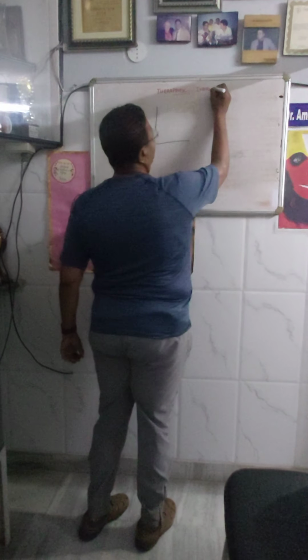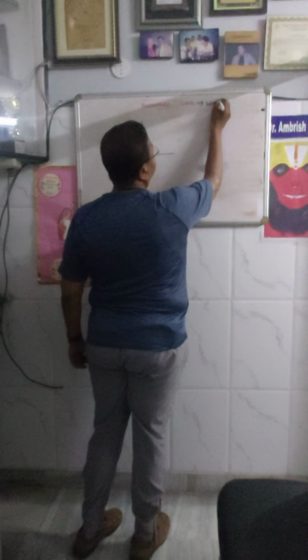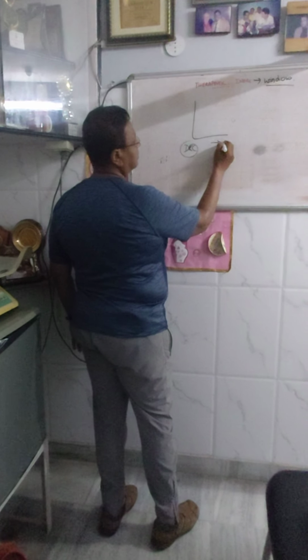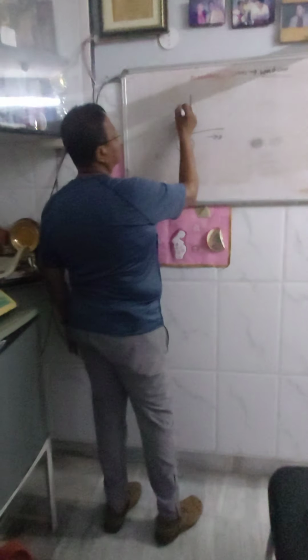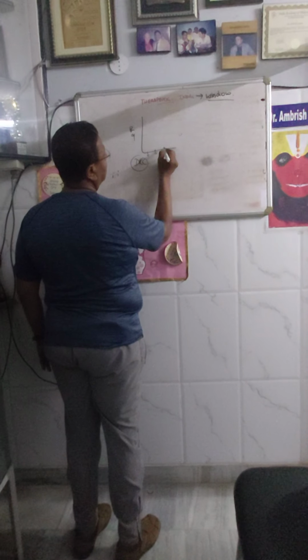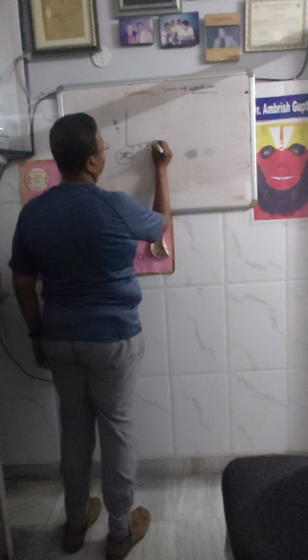This therapeutic index gives you an idea, a peep window, between the therapeutic effect and the adverse drug reaction of the drug. Suppose this is the dose response curve. This is dose, this is response. This is 5, 10, 15, 20, 25.